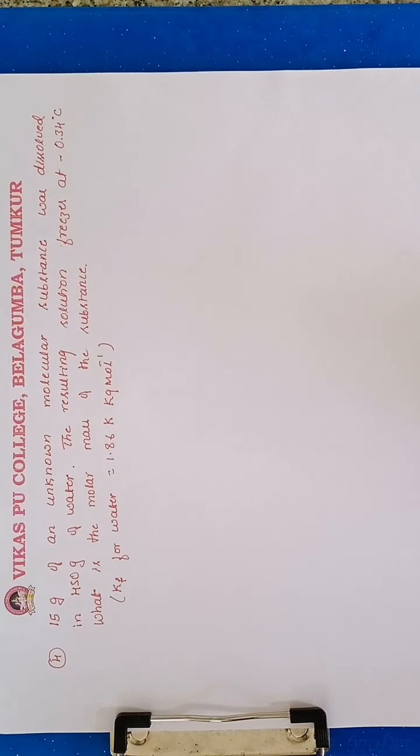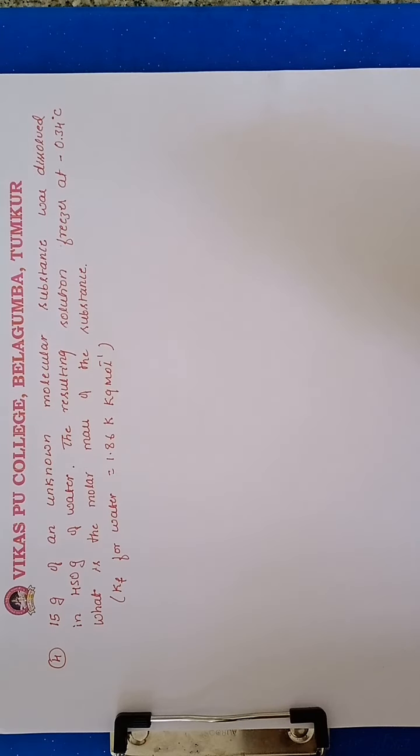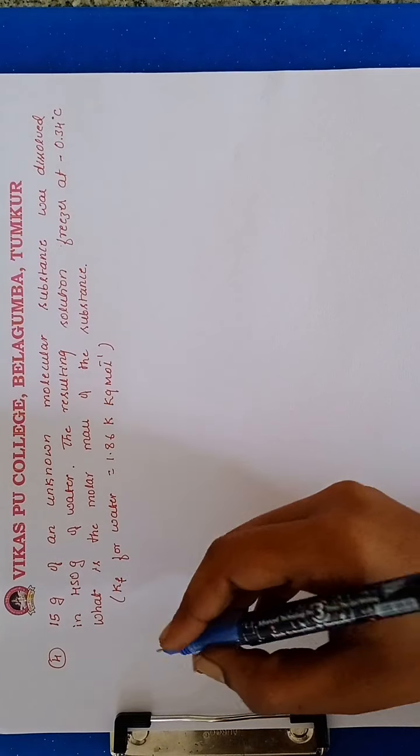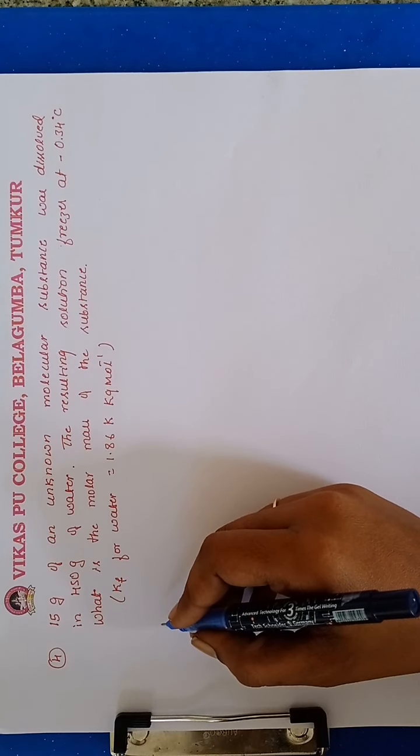See another problem. 15 gram of unknown molecular substance was dissolved in 450 gram of water. The resulting solution freezes at minus 0.34 degrees Celsius. What is the molar mass of the substance? Let us take what they are given.